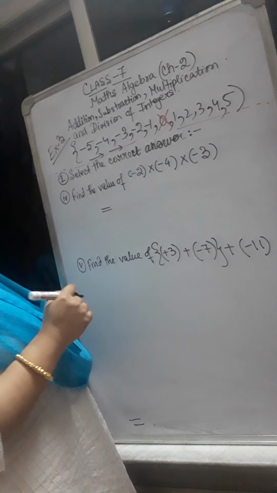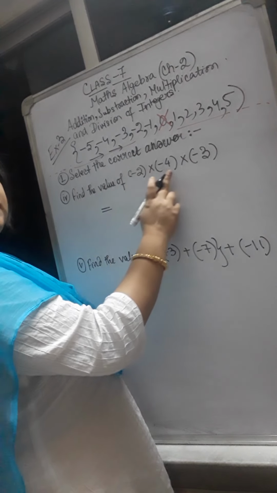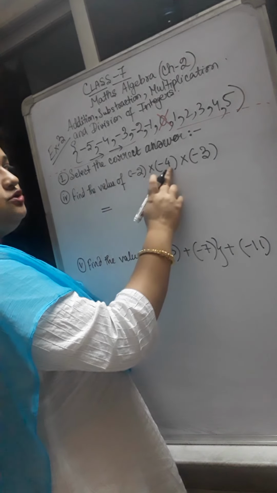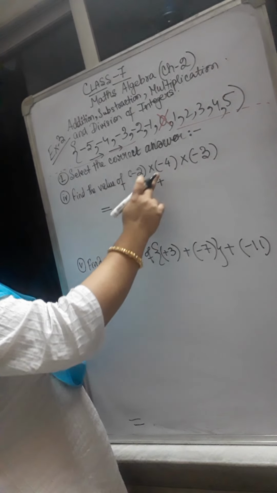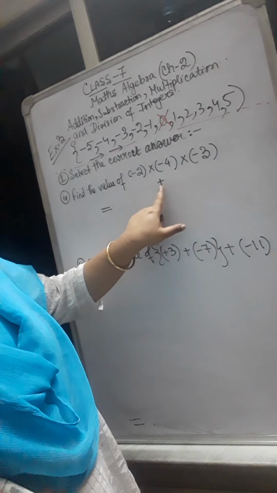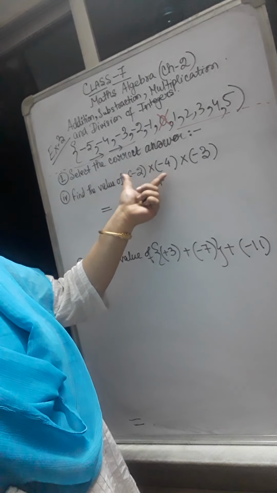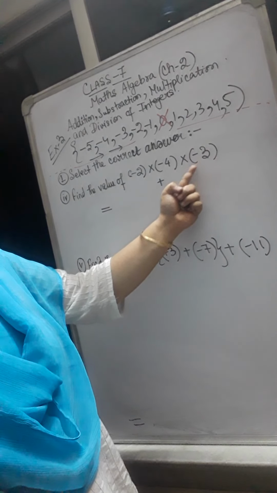So we will take the 2 signs. This number has a minus sign, this also. So minus into minus gives you plus. Same signs multiplied give you a positive sign. And then with this plus, which you get by multiplying these 2 signs, the third sign is minus.